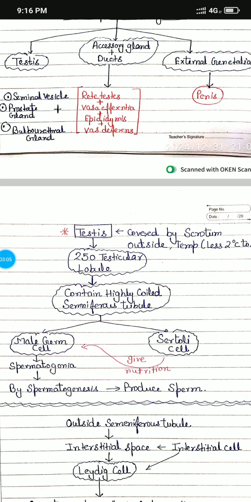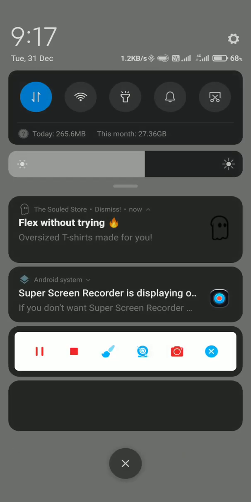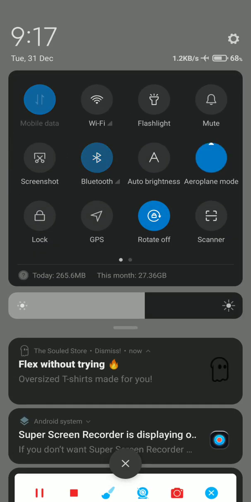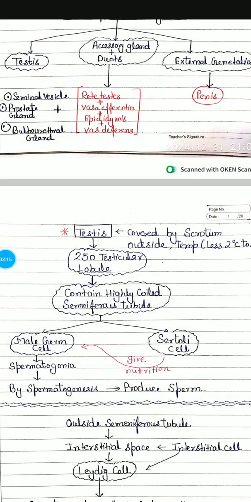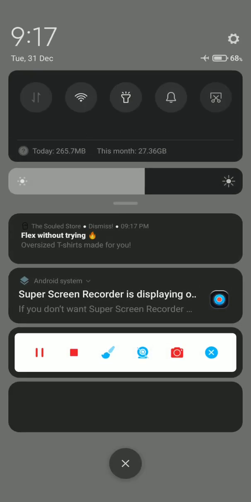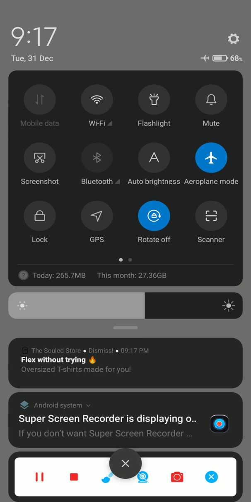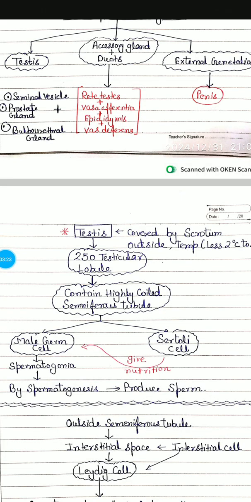Testis is actually covered by a very thin membrane, and that covering is called the scrotum.